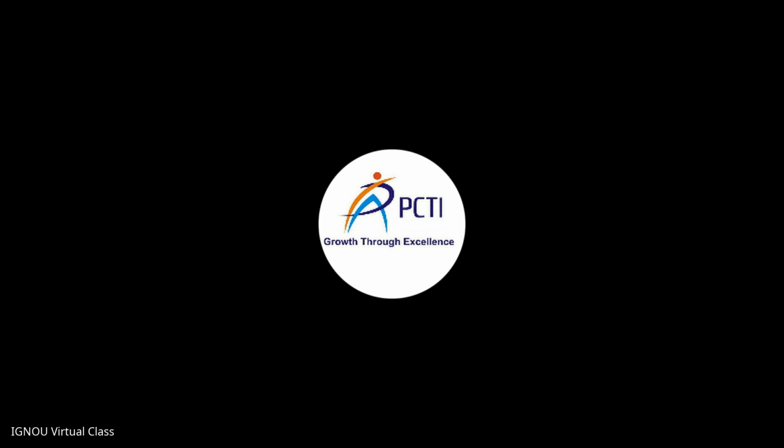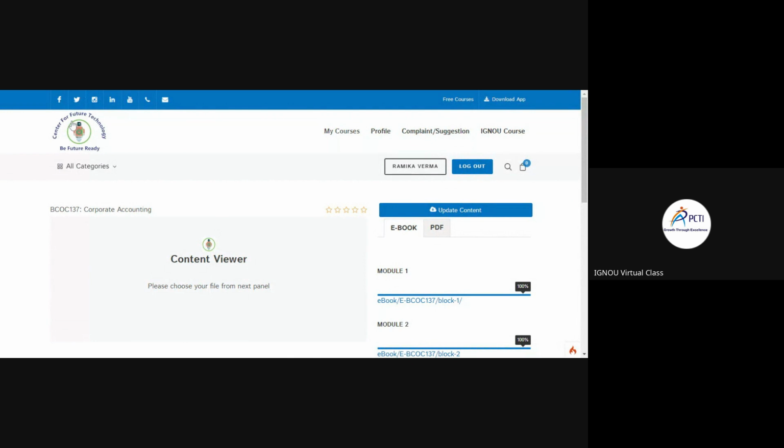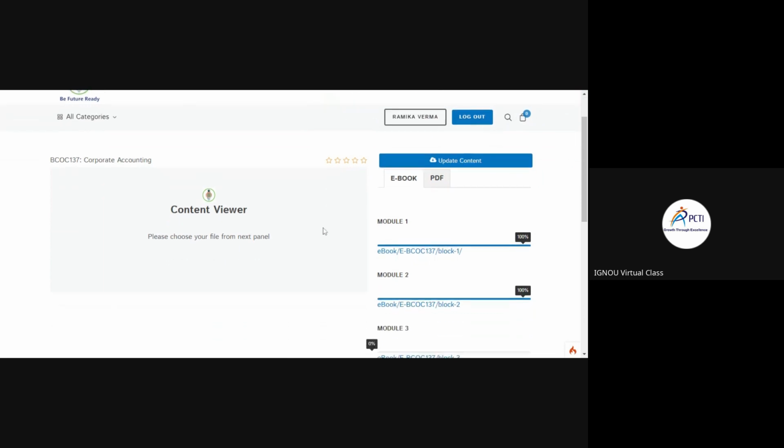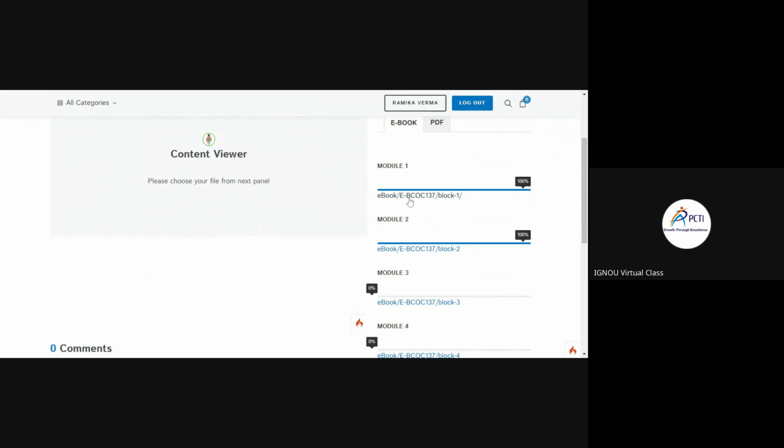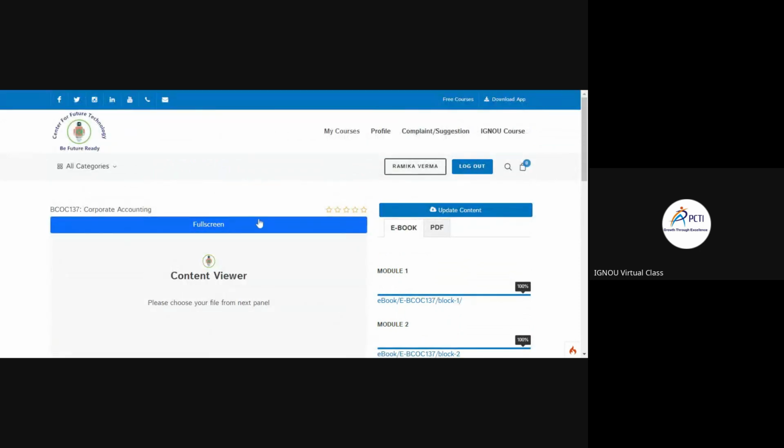So this is the portal. CFT stands for Center for Future Technology, EDU is for education, .in. This is my one, I am showing it to you. And this is how we have different blocks and different PPTs for it.